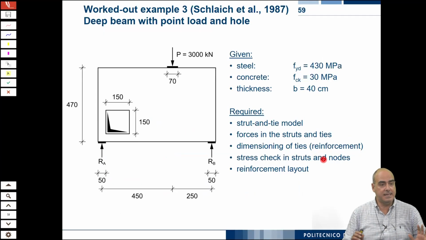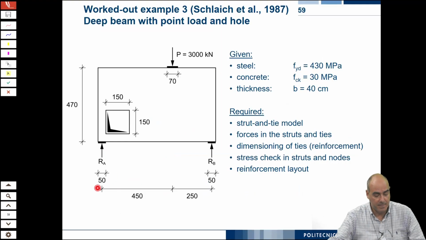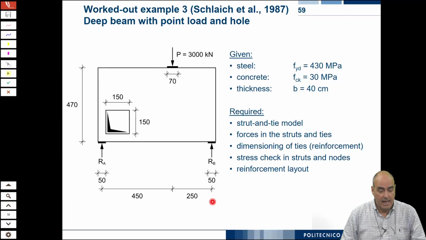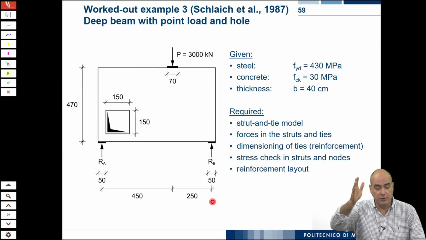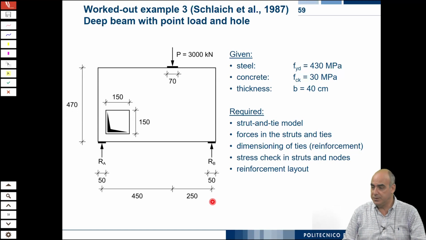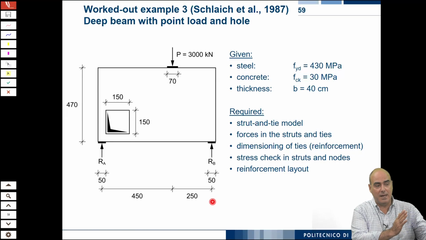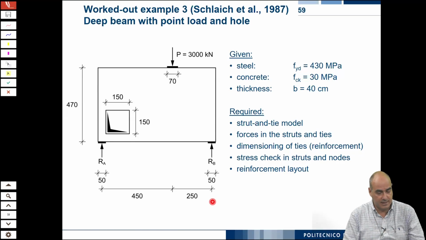So, okay, this is a deep beam. You see the deep beam has a span of 7 meters. There is a load applied on the top of 3,000 kilonewton, means 300 tons, which is applied at 4.5 meters on one side and 2.5 meters on the other side.